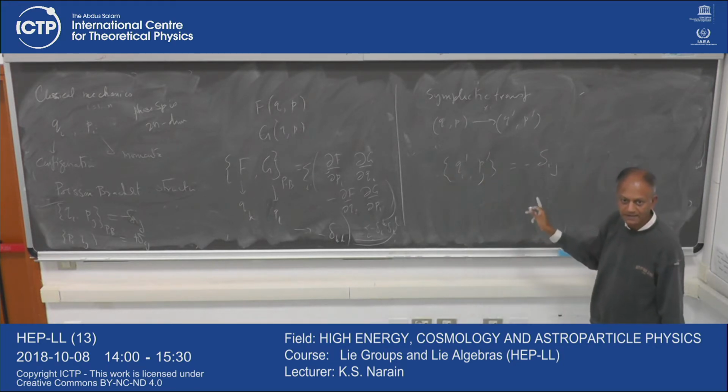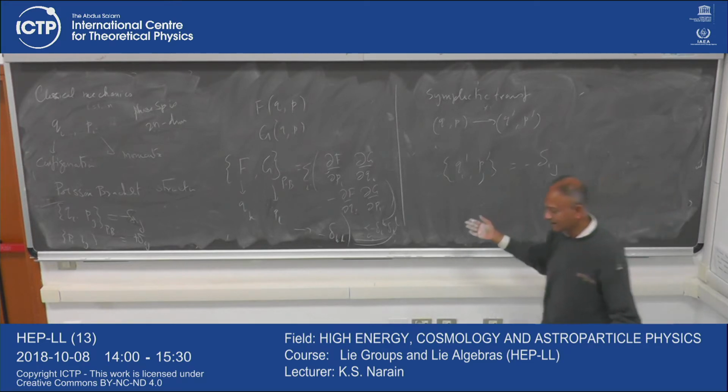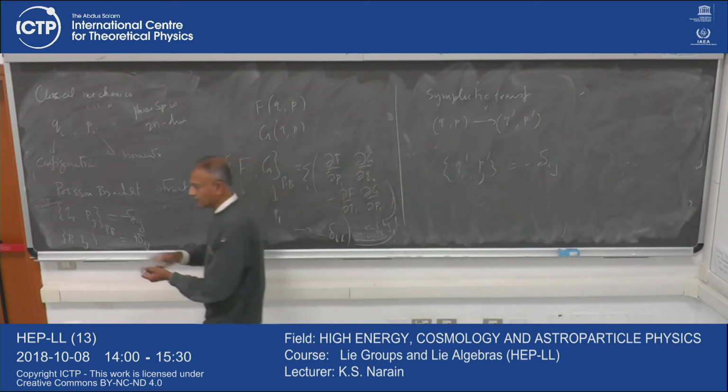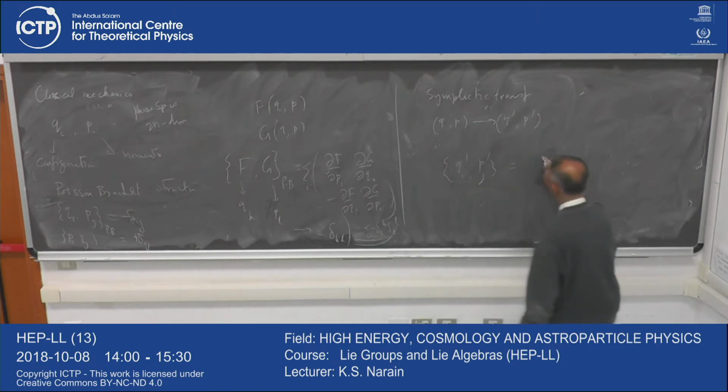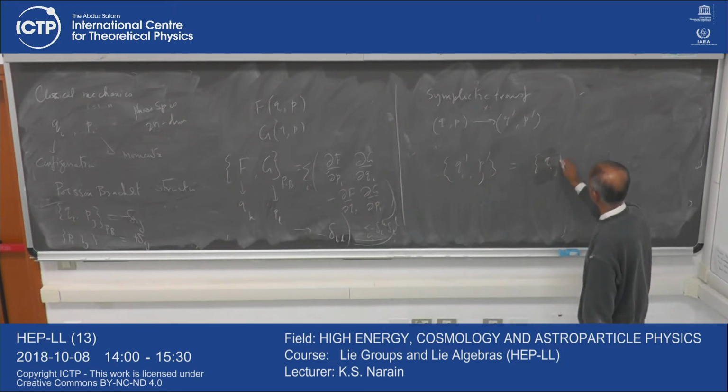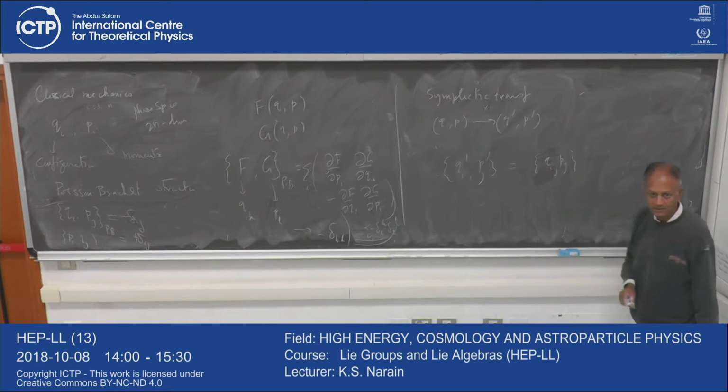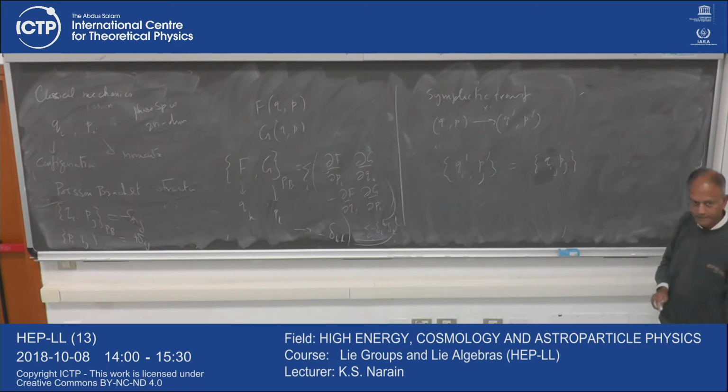You see, the Poisson bracket remains invariant. Just like when you say orthogonal transformations, it is something which does not change the inner product of two vectors. Here, instead of the inner product, it is a Poisson bracket. The Poisson bracket doesn't change. That's the definition.